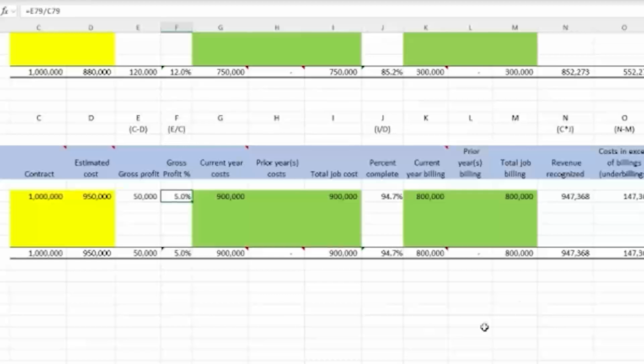So this underbilling accounts for that as well. Based on 900,000 in total cost on an estimate of 950, you're 95% complete. So we fixed the 102% complete error. And as a result, our underbillings went down.